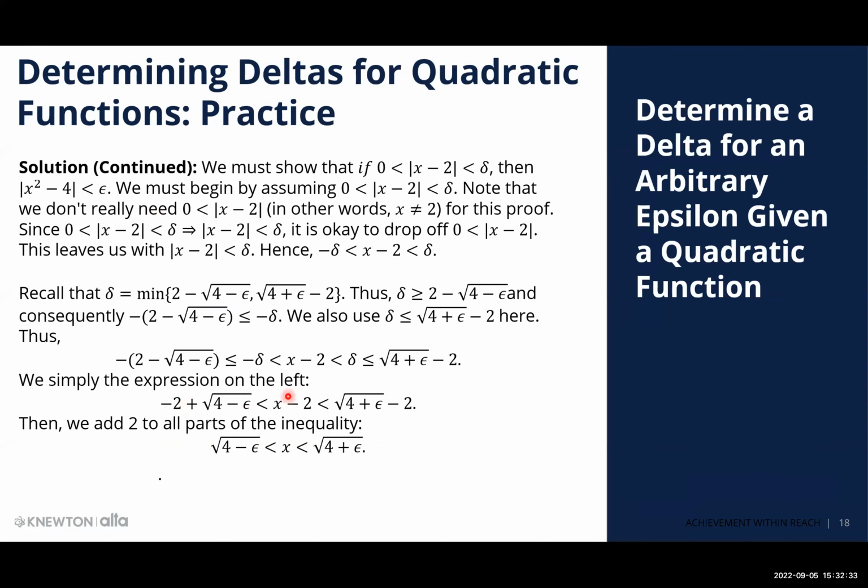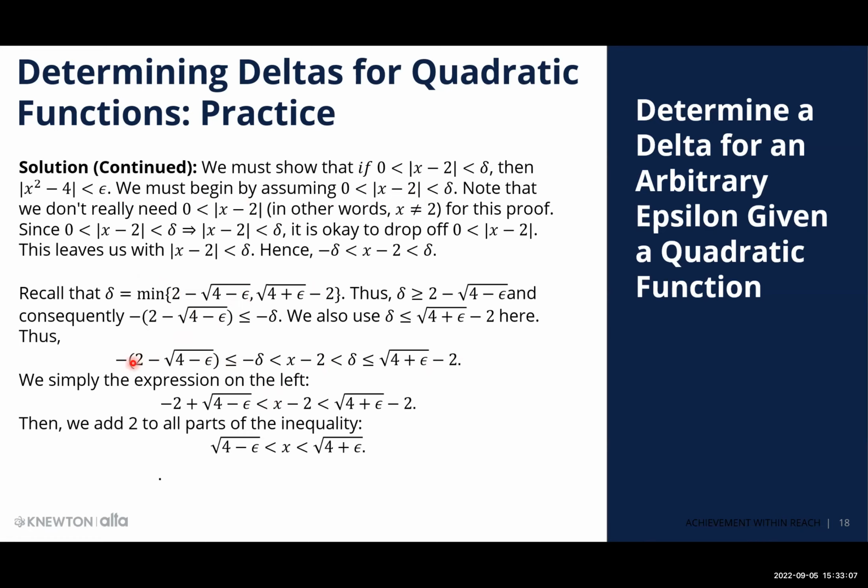Okay, so we're taking our assumption. We said over here, we must begin by making this assumption that's based off of the definition. Okay, then we did some scratch work to try to figure out what our deltas would be. And actually, this is the line that I just wrote in the paint screen.